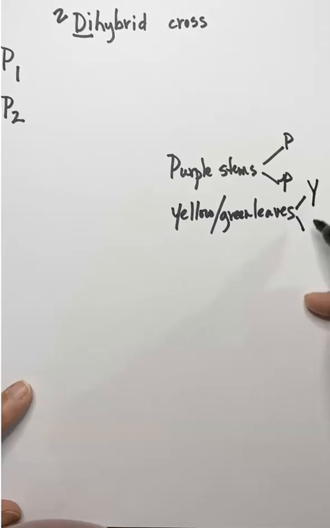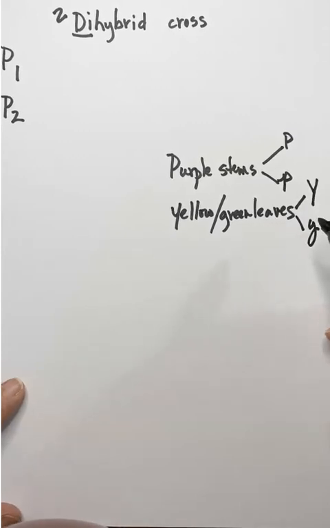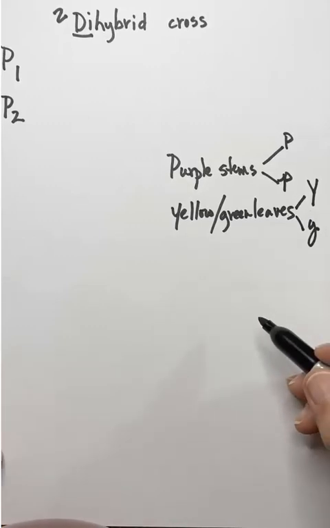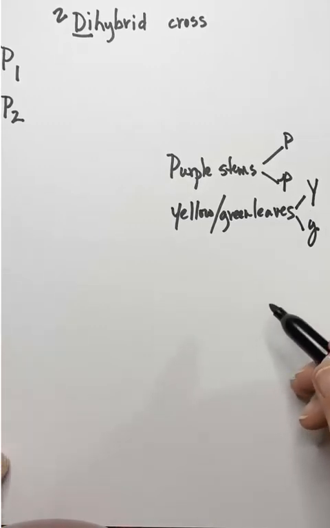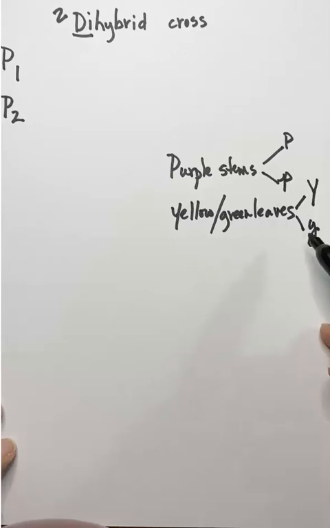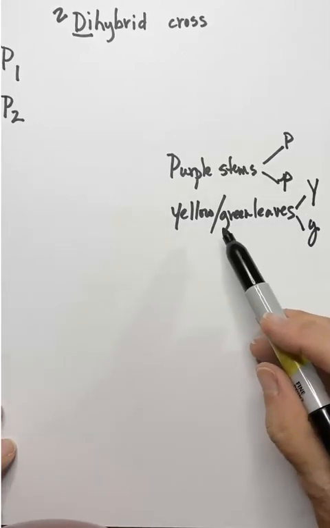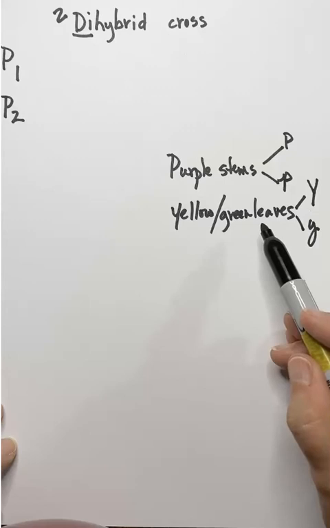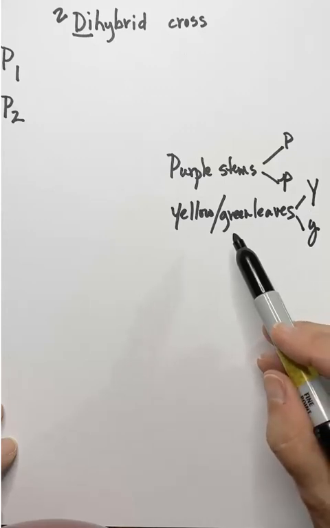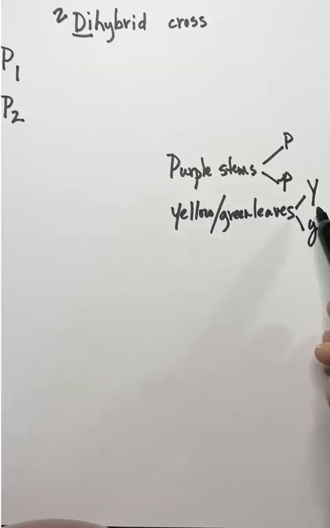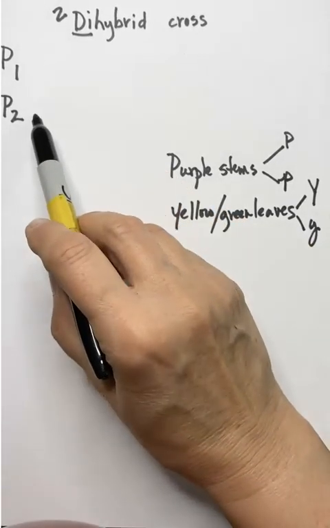So capital Y and lowercase y. Make sure that you make a distinction between your letters so that I can tell what they look like. Okay, capital Y, little y. So you can either have yellow-green leaves, which are light-colored, or you can have dark-colored leaves, which are either dark green or purple.